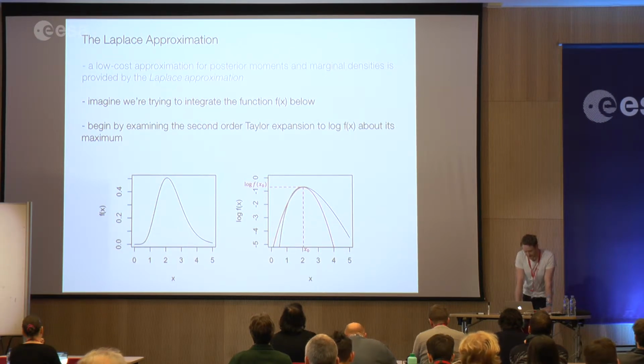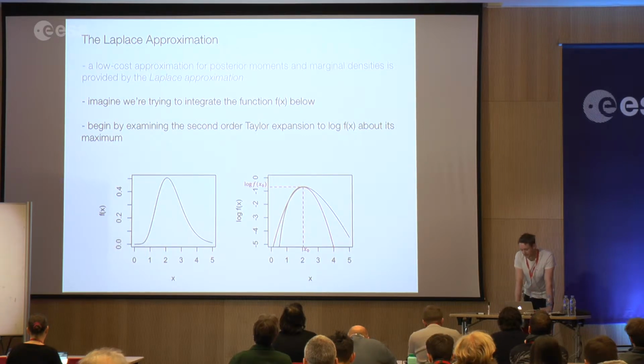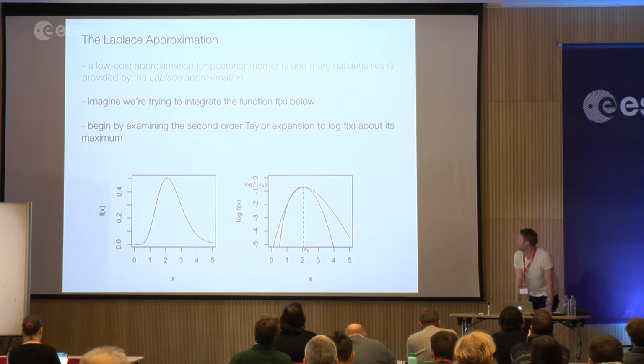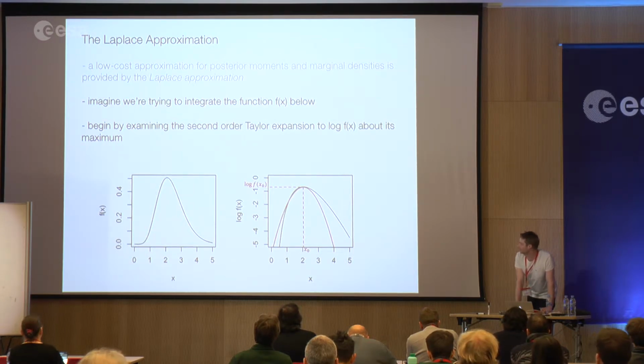So the circumstance is this, just outside of probability theory, just in general, if we're trying to integrate some kind of smooth, well-behaved function, f, taking parameters x, like below, one way to approximate that integral is to examine the second-order Taylor expansion to the logarithm of that function about its maximum, and that's the maximum in the log space.